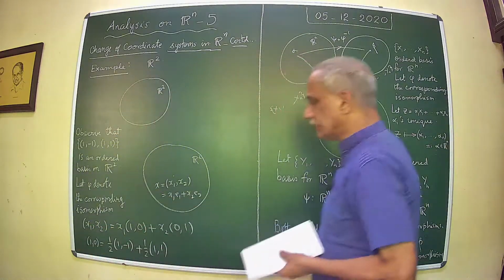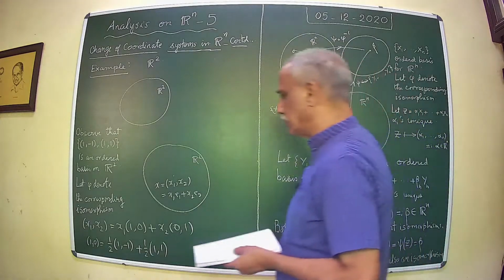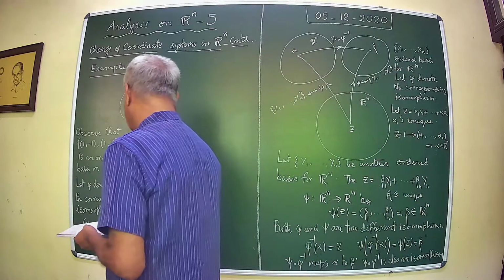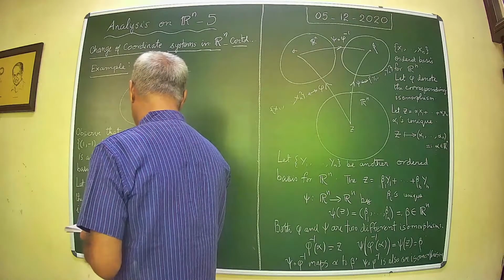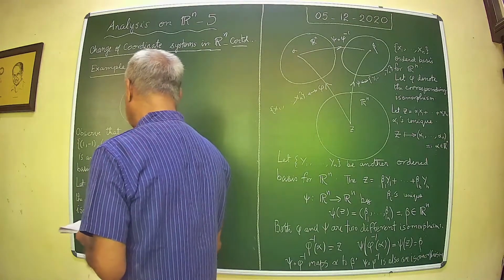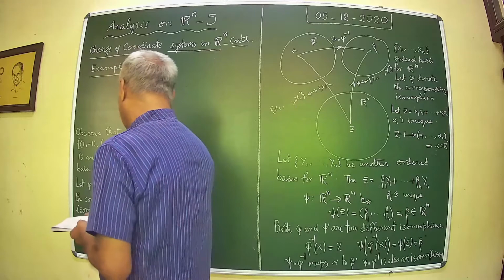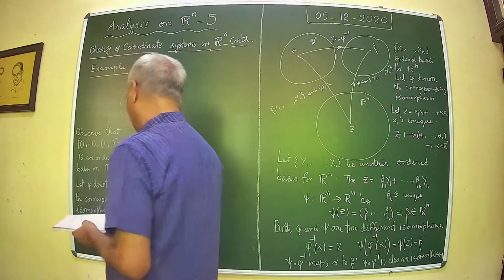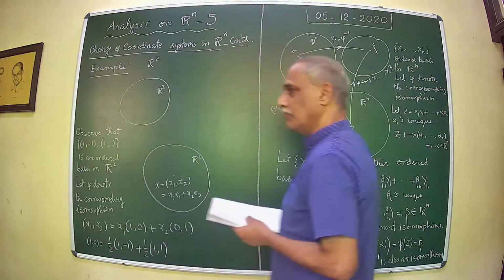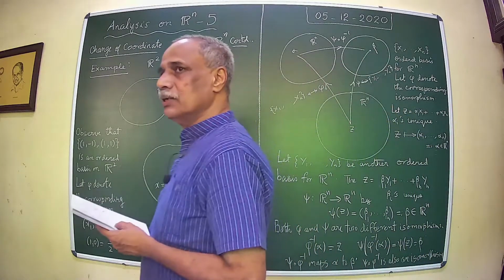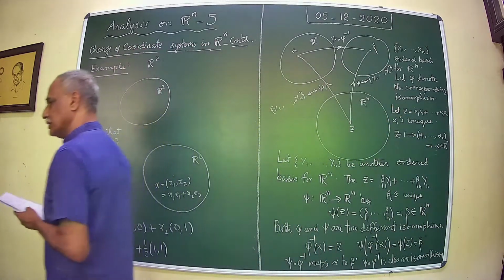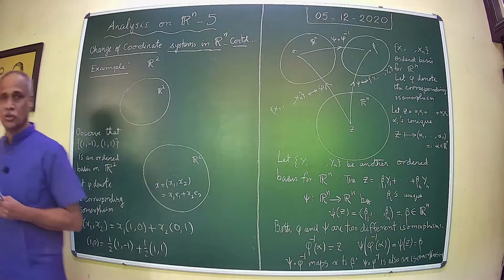That is quite easy to work out because you write (1, 0) as alpha 1 times (1, minus 1) plus alpha 2 times (1, 1), and then you compare and get two equations to determine alpha 1 and alpha 2. Because this is a basis, one can solve the two equations and get a unique solution.